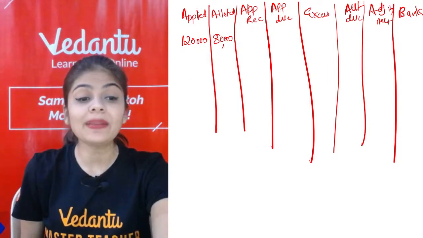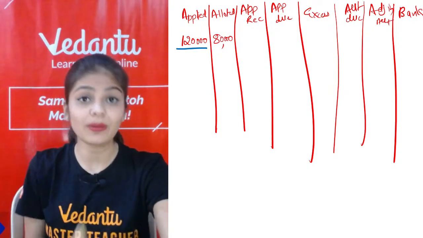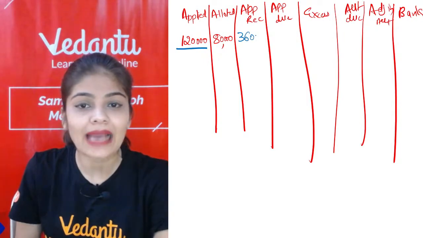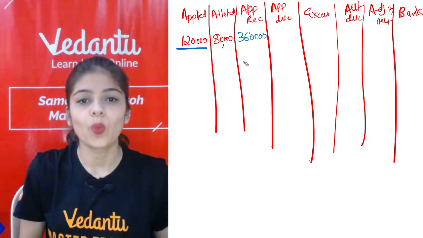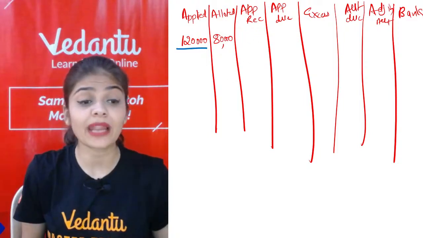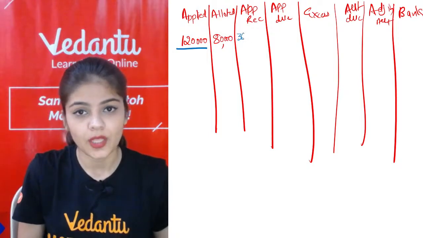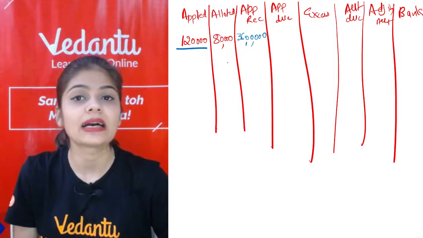So total application money received will be 1,20,000 multiplied by 30, which is 36 lakh.